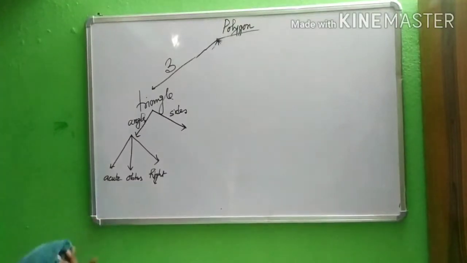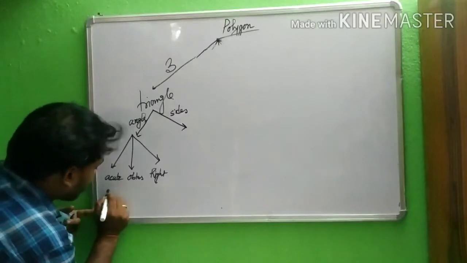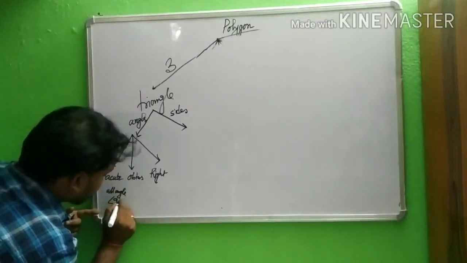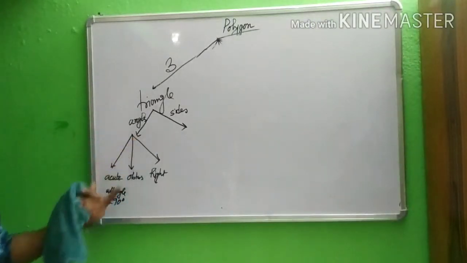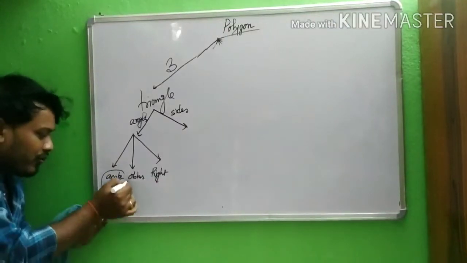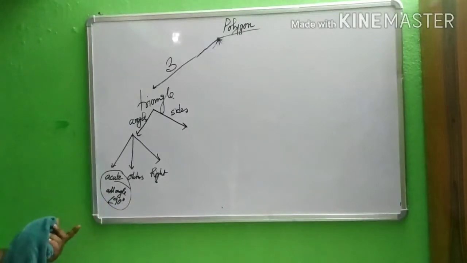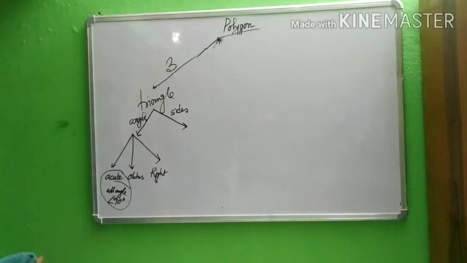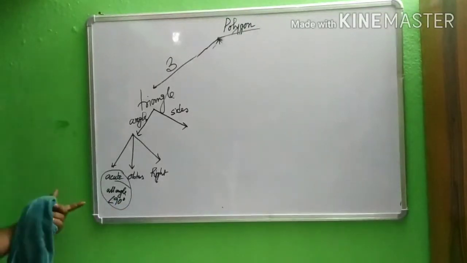Acute angle means the angles are acute, so all angles are less than 90. The definition is very easy if you understand the meaning. Acute angle means all angles are less than 90 degrees. So a triangle whose all angles are less than 90 degrees is called an acute angle triangle.